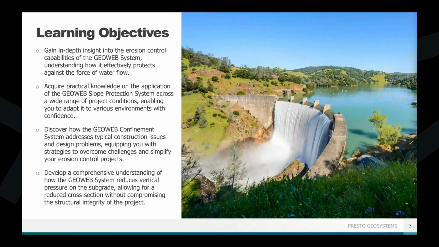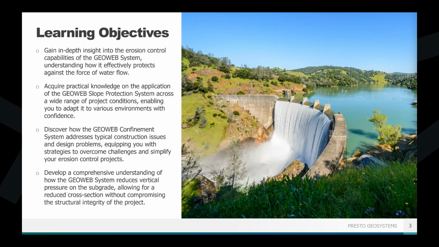So a little bit about what we are going to be covering today. We're going to talk about the benefits of the GEOWEB erosion protection system, including how it can protect against material washout due to water flows in a variety of different types of project conditions.